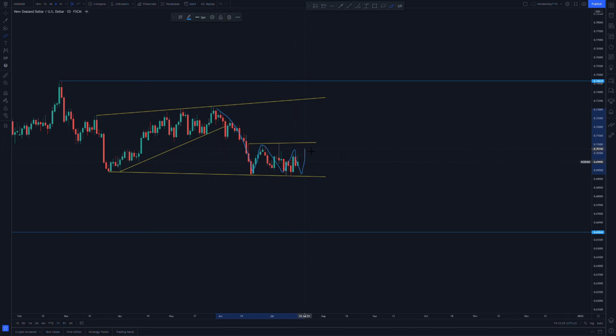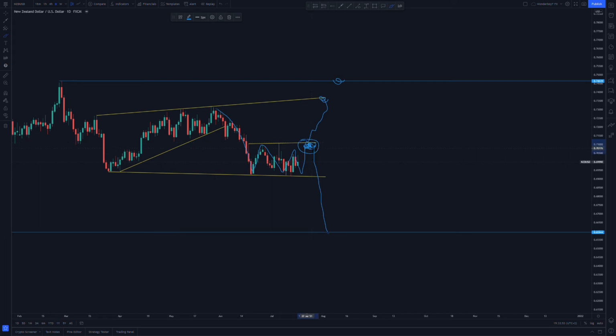So the possibility that price might reject from this area and then continue push all the way to the downside, or else we're going to continue all the way to these areas or here.